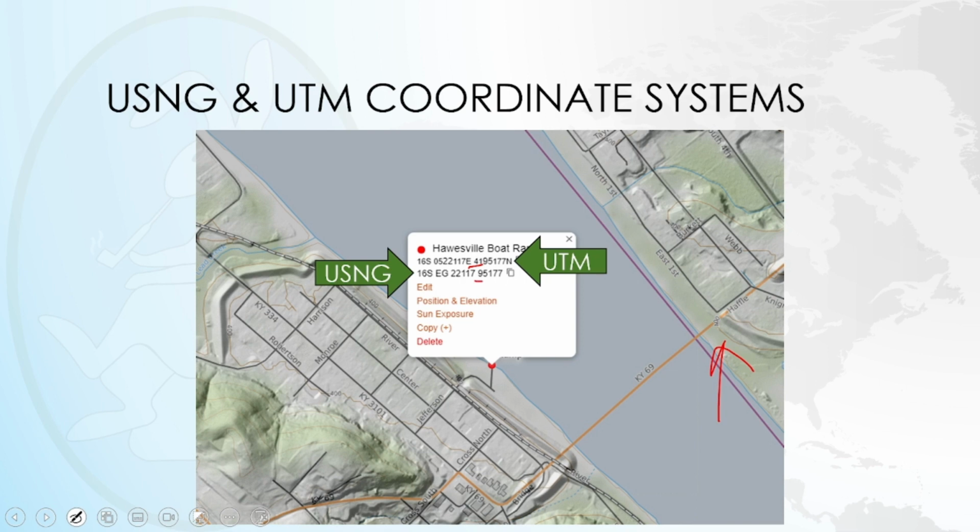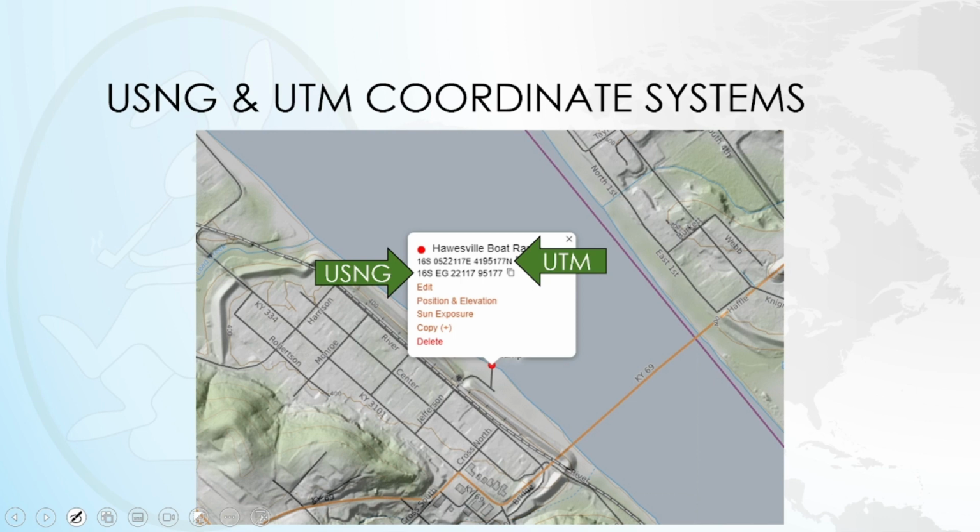Those digits are omitted, but you can see the last 5 digits of the coordinate are still the same. The 95177, that's still the same on both of those. So there's a lot of similarities between these two coordinate systems, and it's really just how they're represented. They're basically the same. It's just represented a little bit differently.